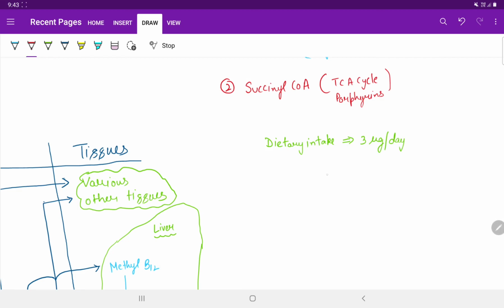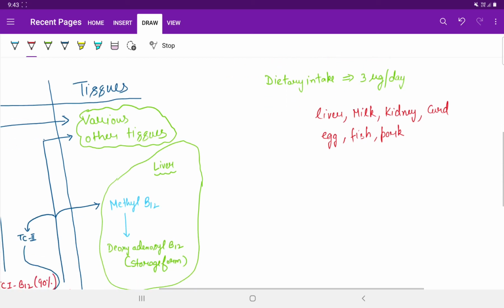So it is obtained from liver, milk, kidneys, curd, egg, fish, pork. So these are the major sources of vitamin B12, and mostly curd is suggested as a better source of vitamin B12 rather than the milk, due to the synthesis of B12 by the lactobacillus present in the curd.